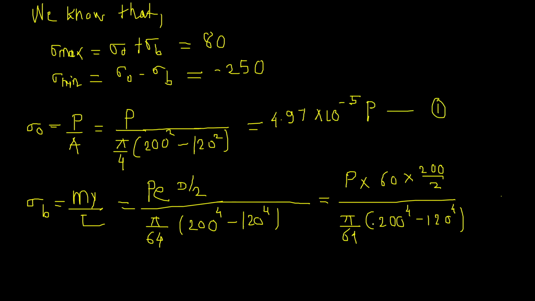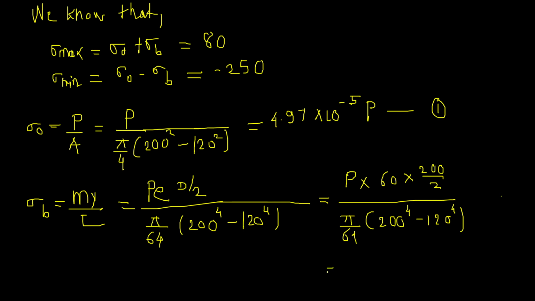सिमिलरली सेकंड इक्वेशन पण सॉल्व करा. That is 60 into 200 by 2 is 100 divided by pi by 64 into 200 to the power 4 minus 120 to the power 4.